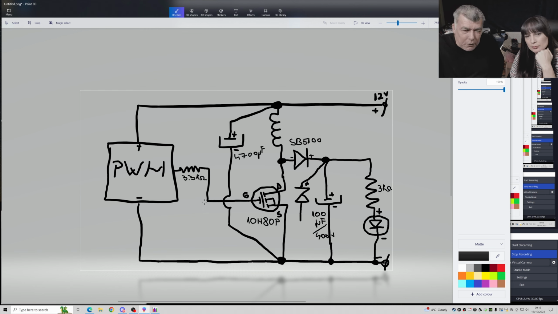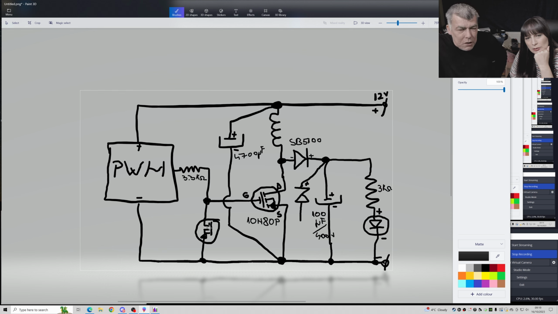Okay, what about this? Pay attention here. What about we connect from here another MOSFET to ground, an N-channel MOSFET.